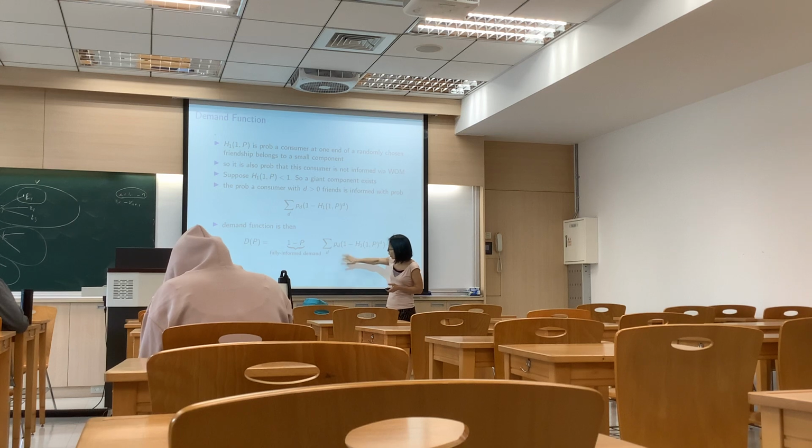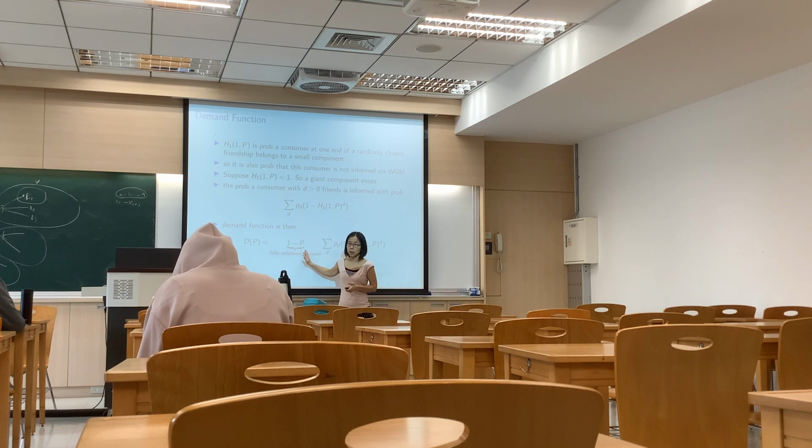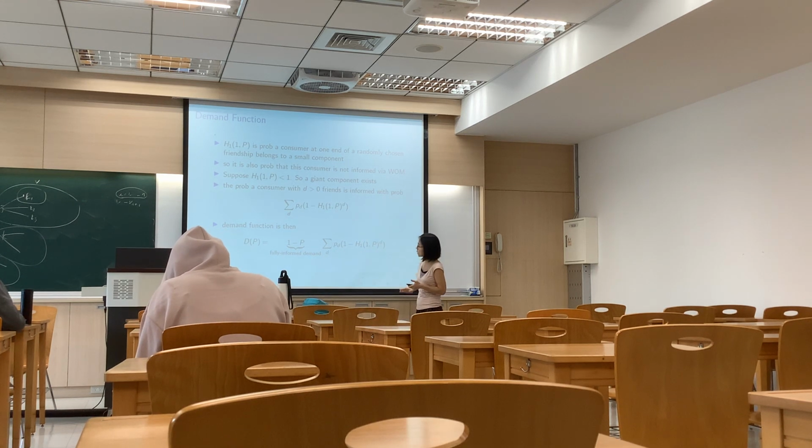So I will want to buy with probability 1 minus P, independent of the number of friends he has.